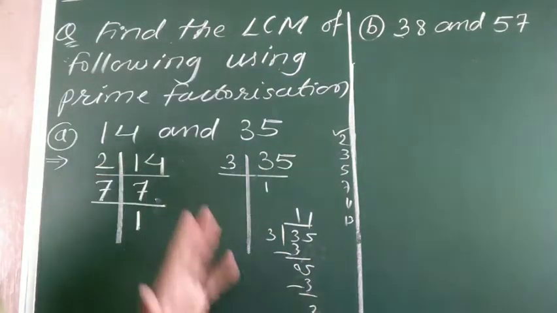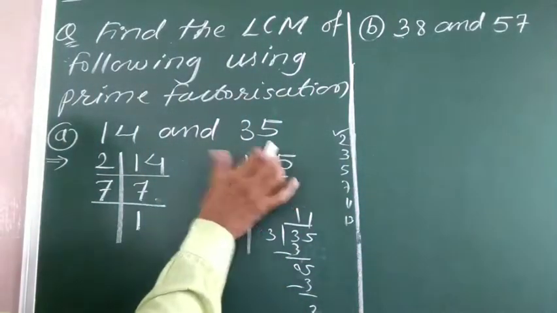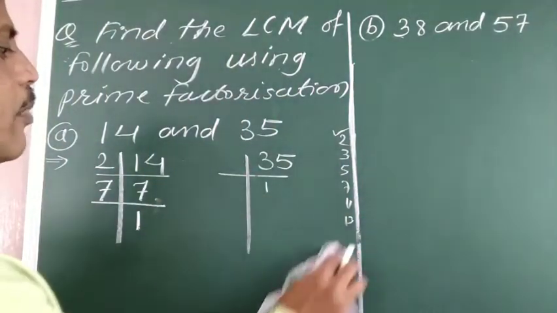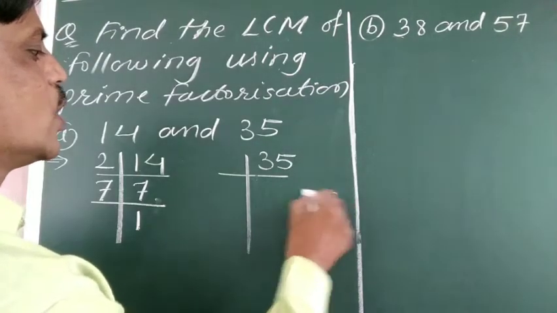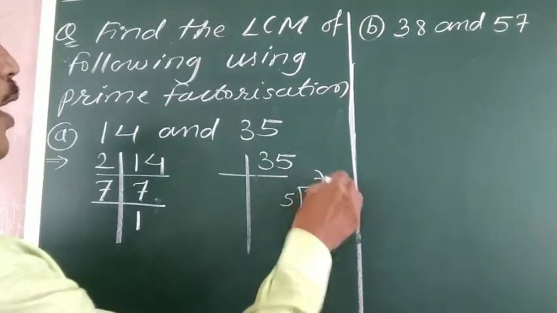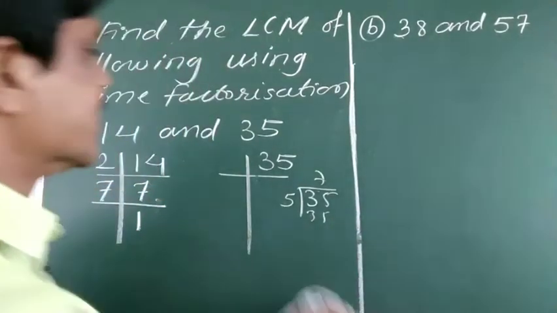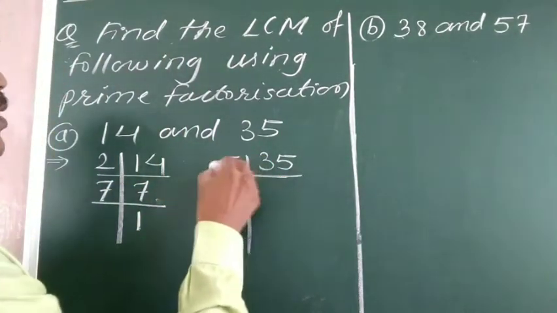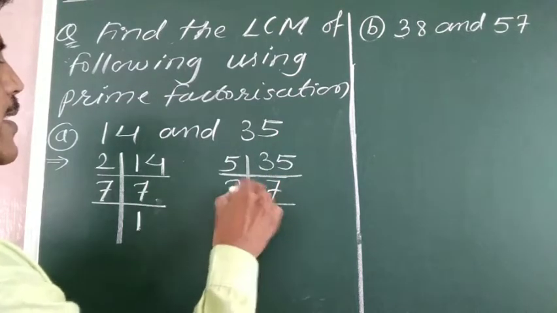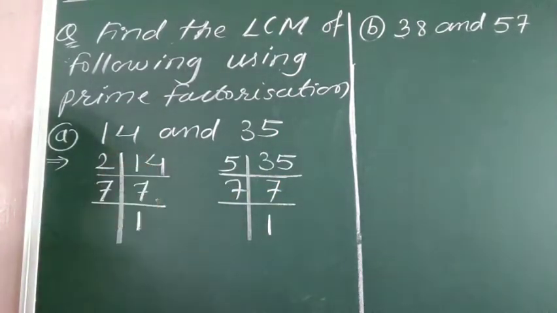It is not exactly divisible, so we cannot divide by 3. Now we try the next number, 5. Divide 35 by 5: 5 sevens are 35. Then 7 divided by 7 is 1.